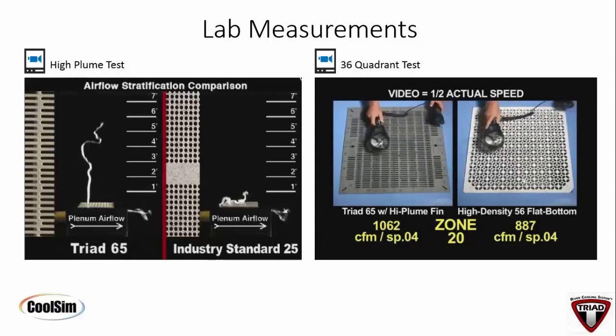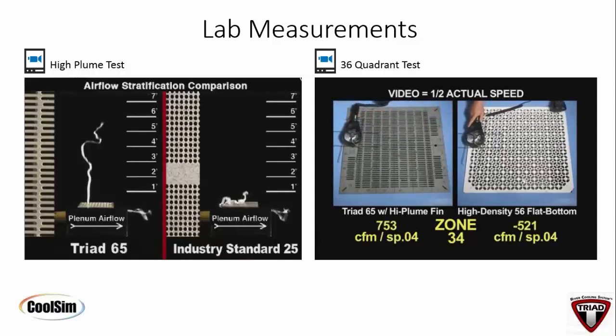And what you're seeing here is, as the air moves from left to right in this 12-foot chamber, 24 inches deep, there was actually a reverse draw on the panel on the right, a 56% panel. It went to negative 520 CFM.